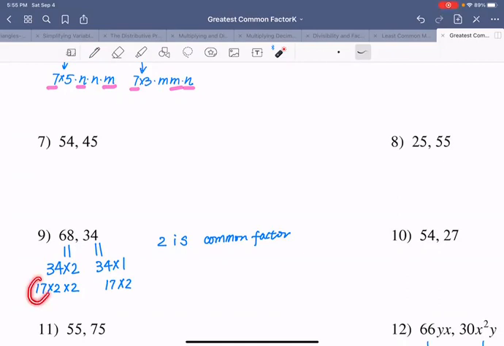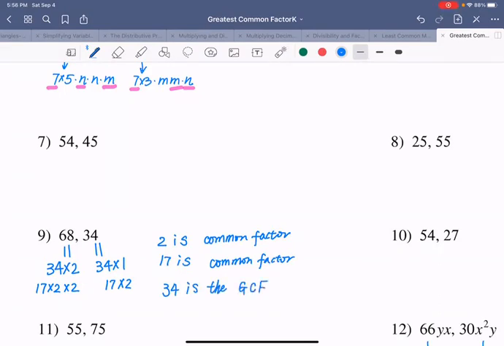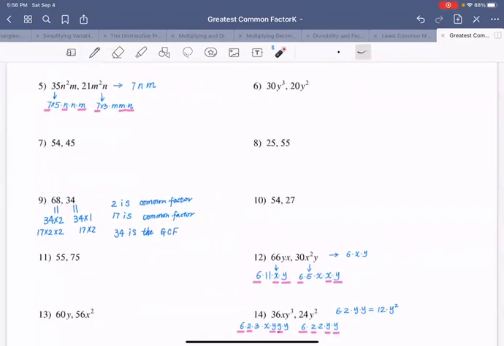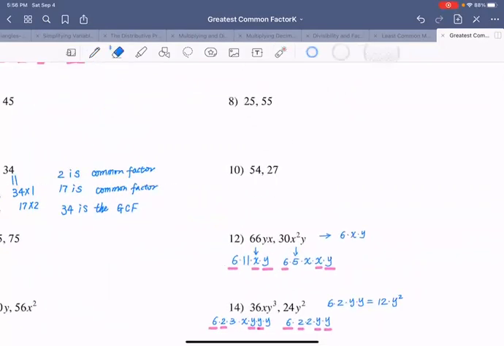So you see 17 is another common factor. Oh, I get it now. I forgot. So 34 is the greatest one. GCF. Okay? The reason we review this is because this is an important part of pre-algebra. Okay? So I'm going to ask you a little bit more challenging question.